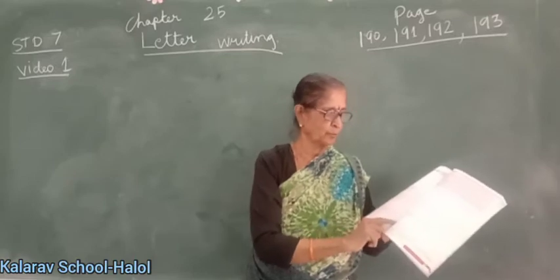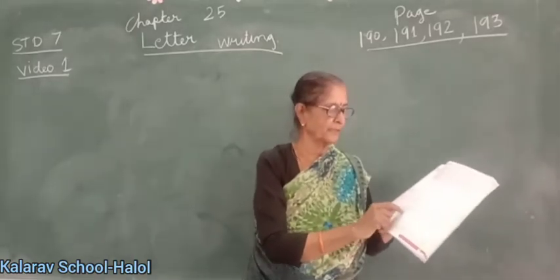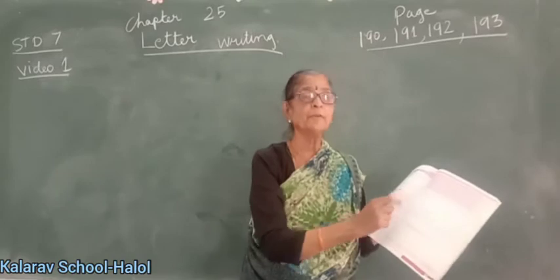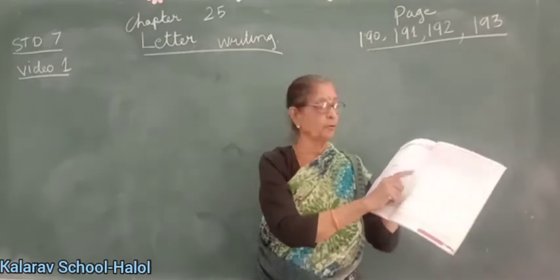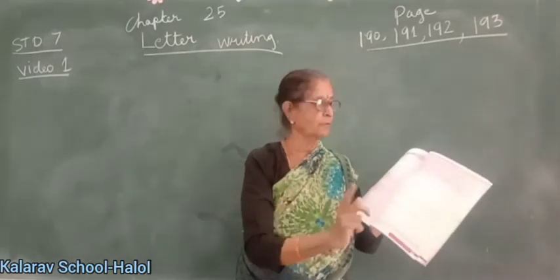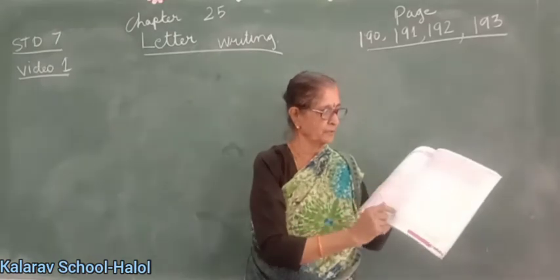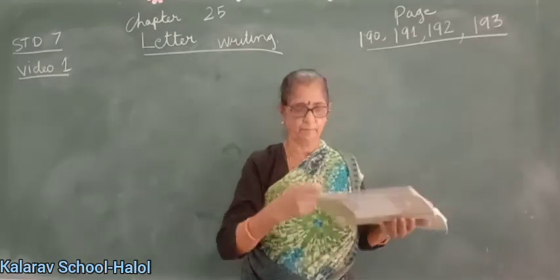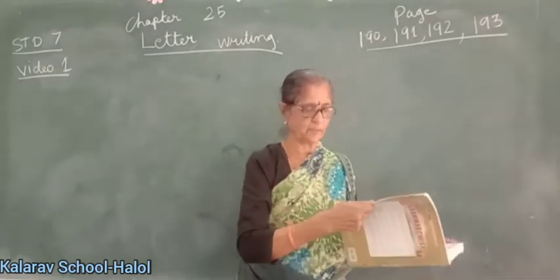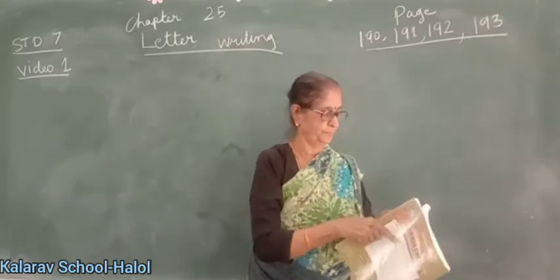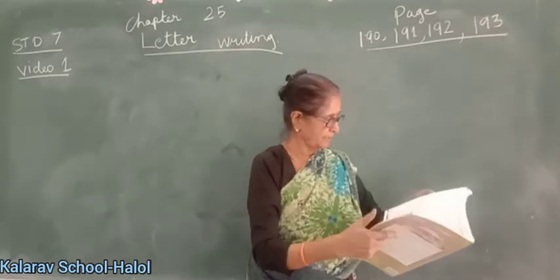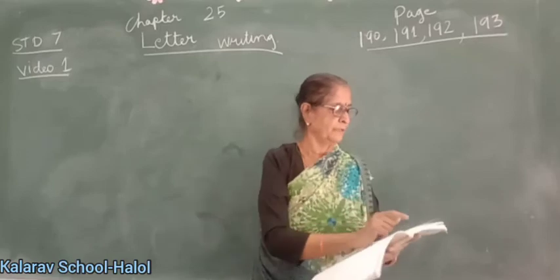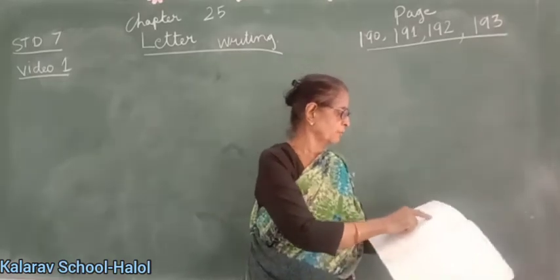Now, example 2. That's also like this only, an application to the principal. This you will have to learn for your examinations. Okay? Application, these 1, 2 examples you have to prepare. Now, page number 192. Sorry, 93, 92. Therefore, I request you, these formal letters you will write like this.